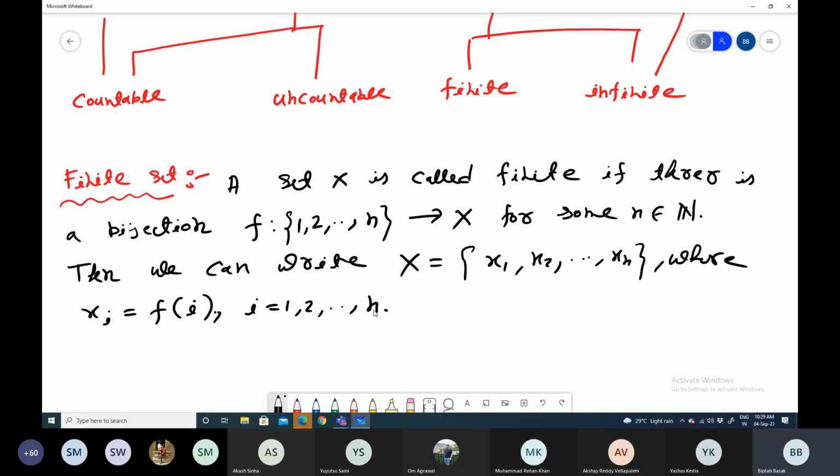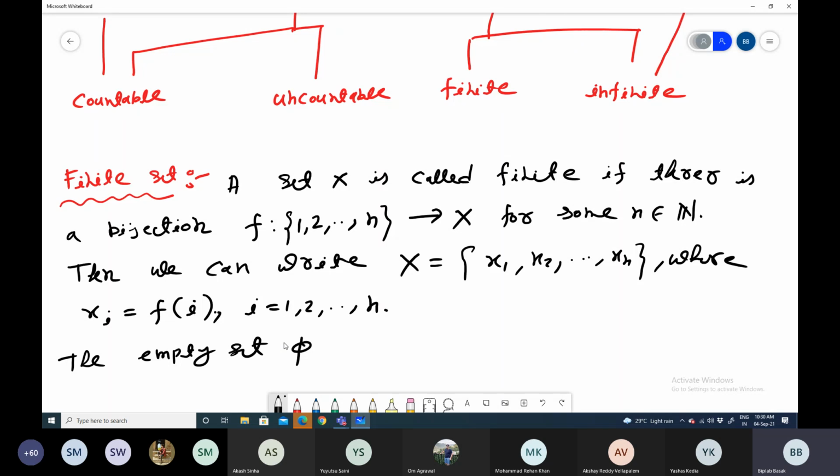Now what about the empty set? The empty set cannot be written as a list, but we will always assume that the empty set is a finite set. The empty set, we denote by this symbol, right? It is not phi. You should not call it phi.